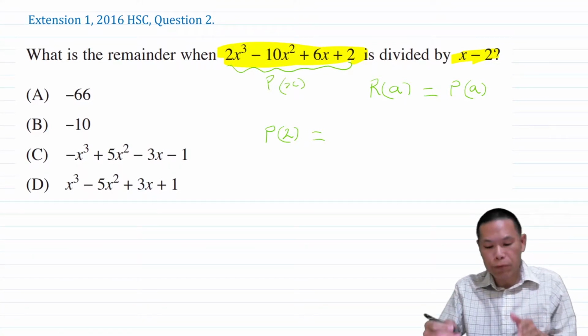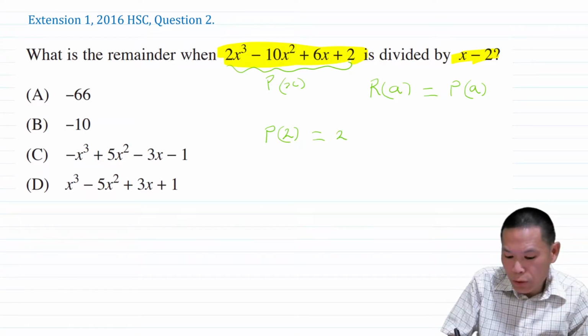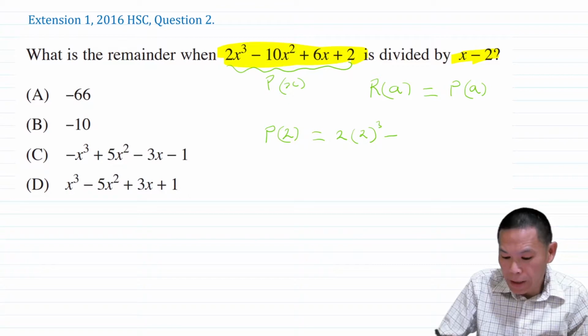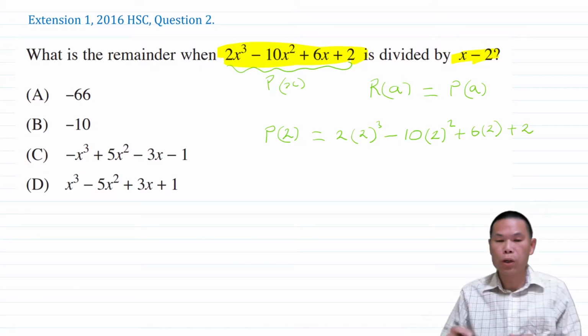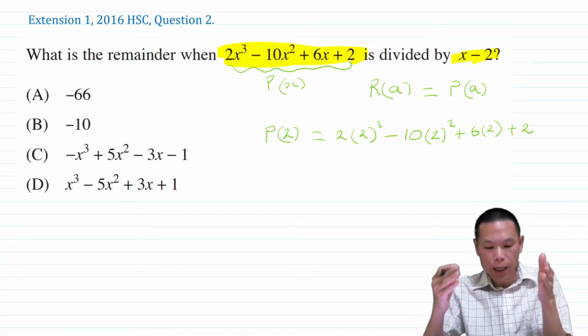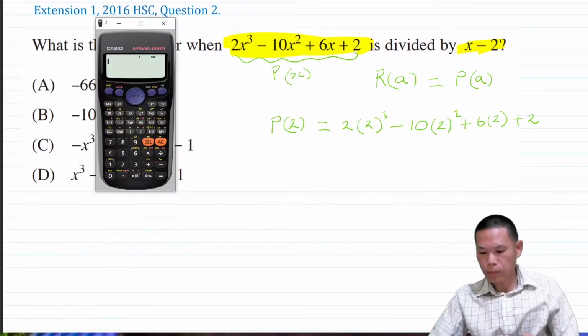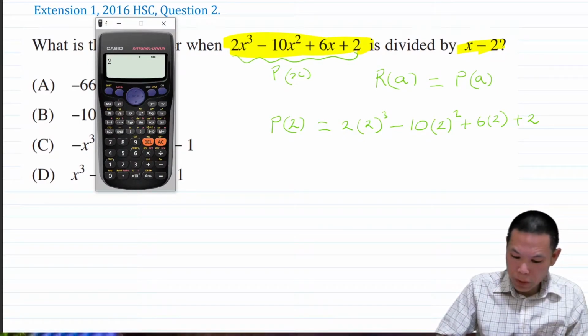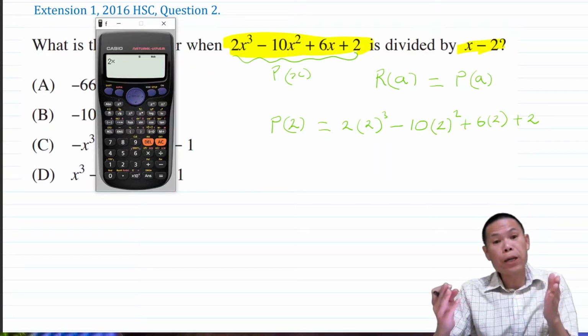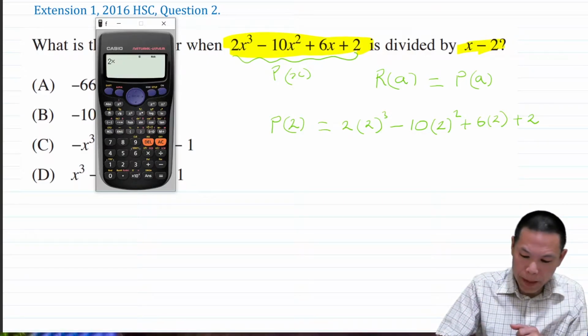So P of 2 is equal to 2 to the power of 3 minus 10 times 2 squared plus 6 lots of 2 plus 2. So now I just put that in a calculator. 2 times 2 to the power of 3 is 8, so 2 times 8.